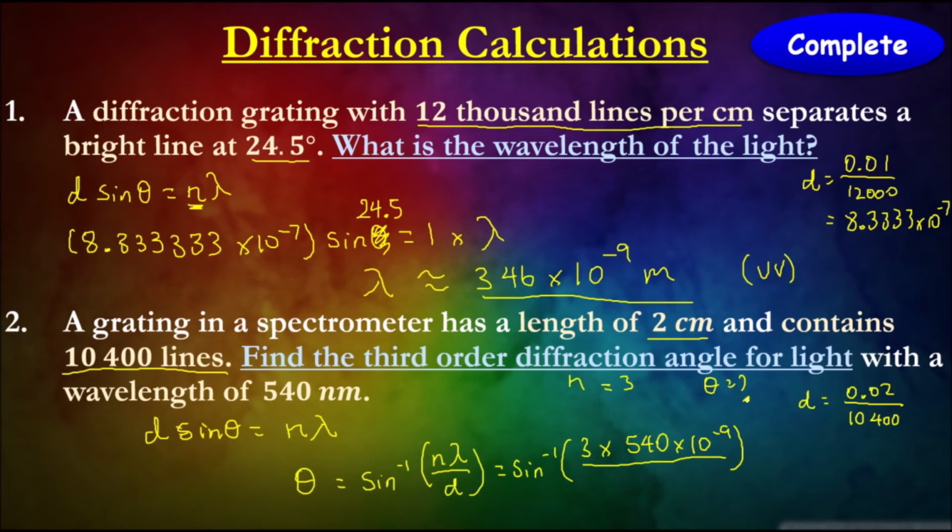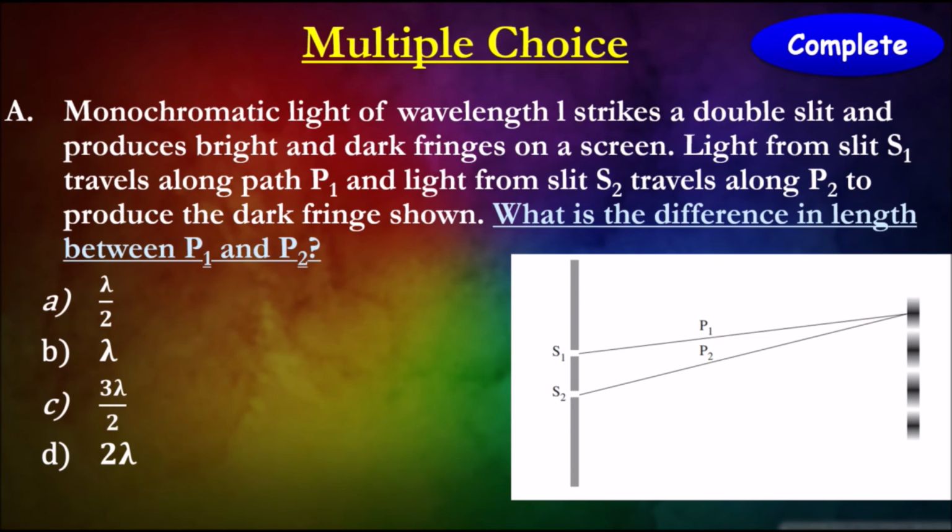And then we have our distance of separation, which is this number here. And the number I got was 1.923076923 times 10 to the power of -6. And that rounds off approximately to 57.4 degrees. Okay, so that's how you do these two calculations here.